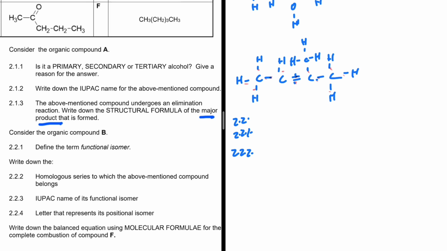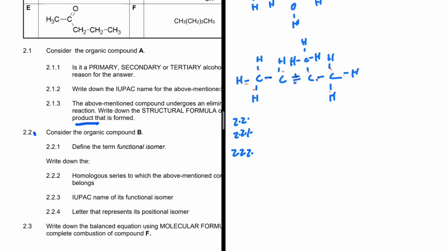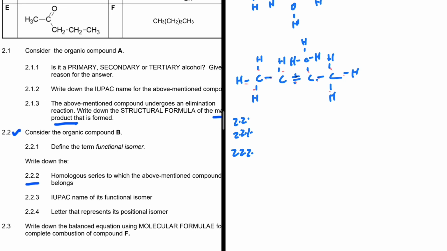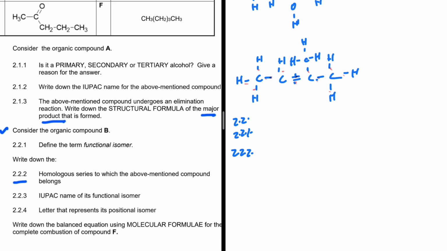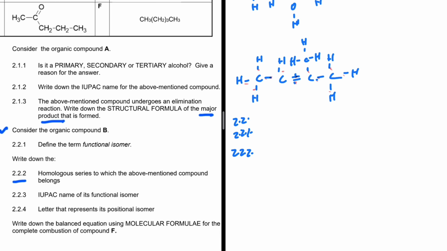Okay, compound B. This is 2.2, and 2.2.2 is a sub-question. I was starting to ask myself which above mentioned compound, because I was thinking 2.2.1, but it is compound B that we are referring to.